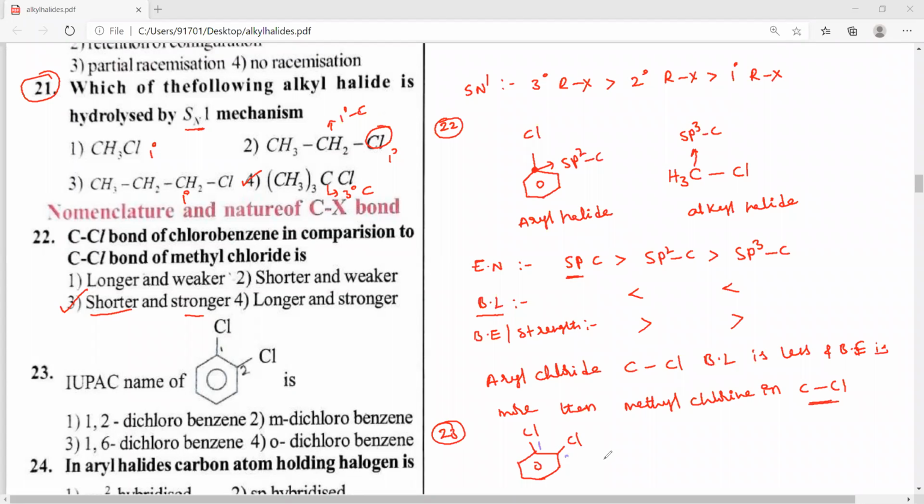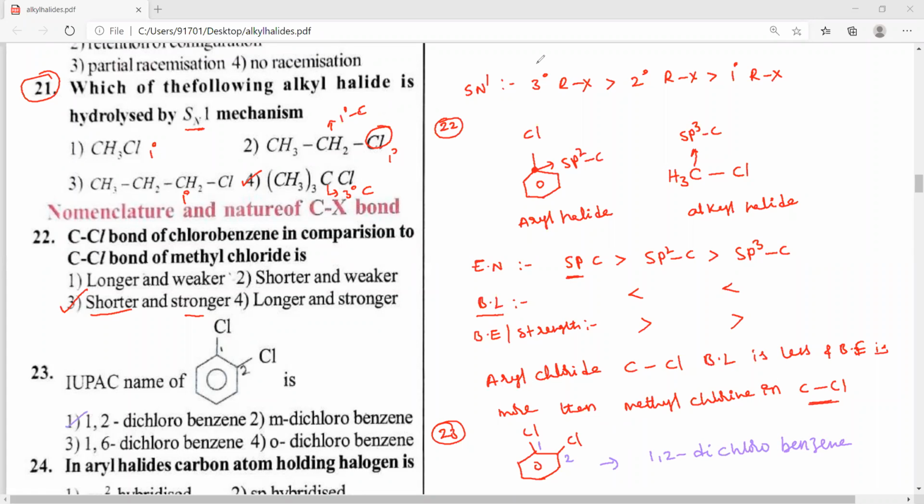Halogens are substituents, so the substituent name comes first, then the root word. The IUPAC name is 1,2-dichlorobenzene. There are 2 chlorines, that's why dichloro. So the first option is correct.